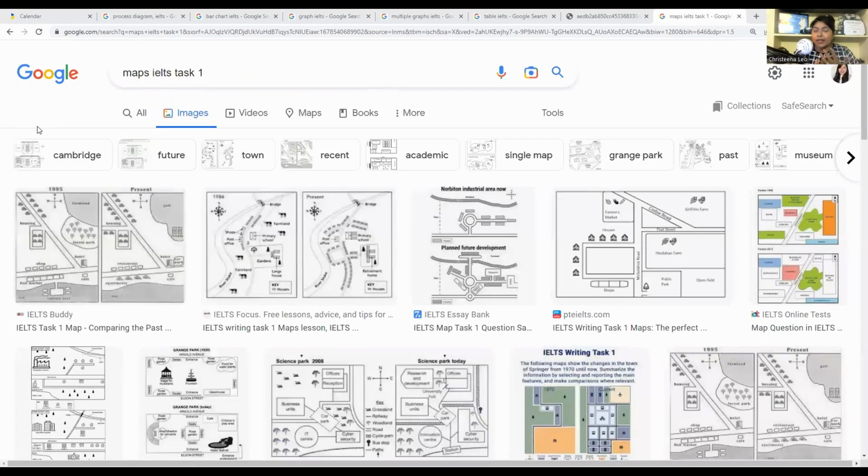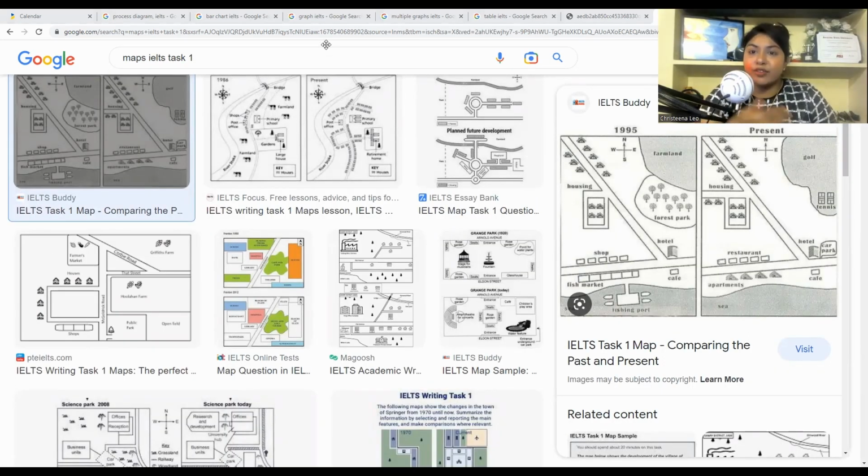So let's have a look at task one. What are the different types of questions that you could get for task one? The first one is a map. You'll see that some of these have 1995 and then the present.